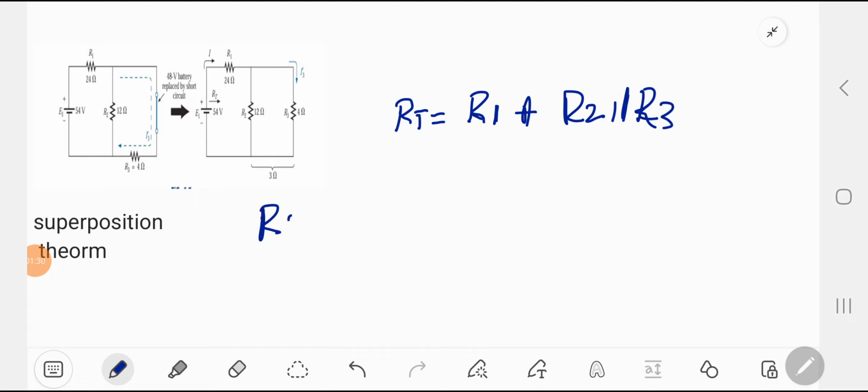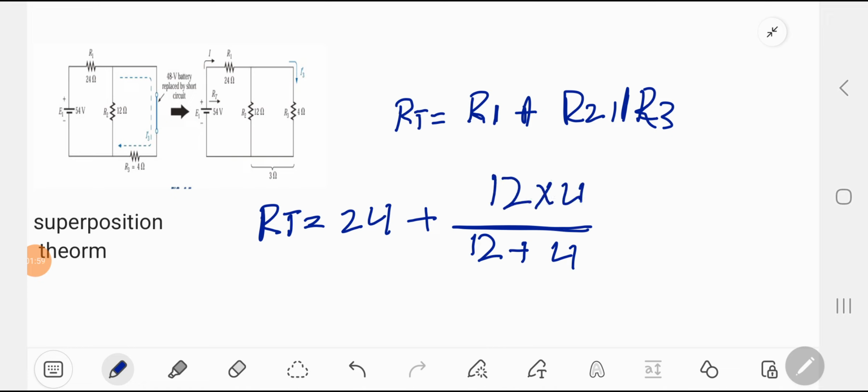So if we are going to find the total resistance, R1 in this case is 24, and if we apply the total resistance formula for parallel, here 12 plus 4 ohm resistance, and 12 cross 4, which is actually 16.